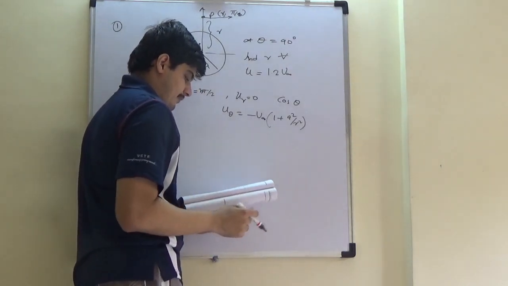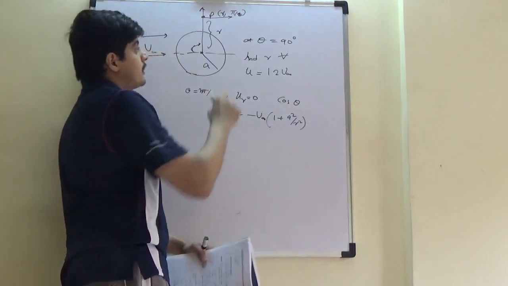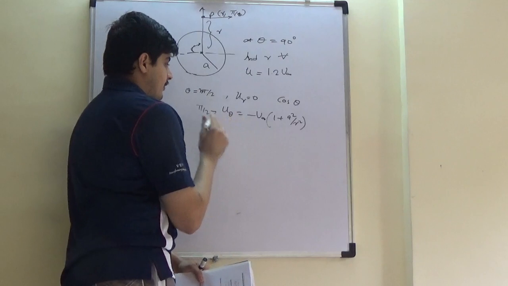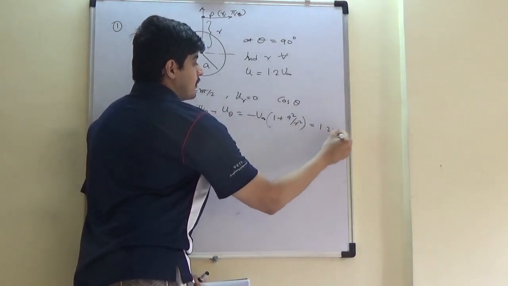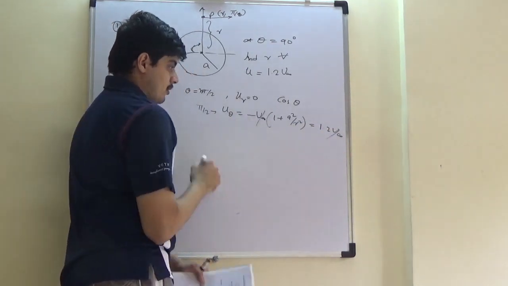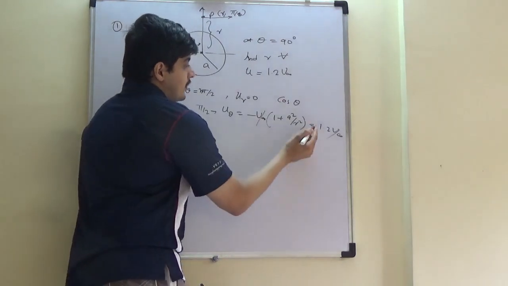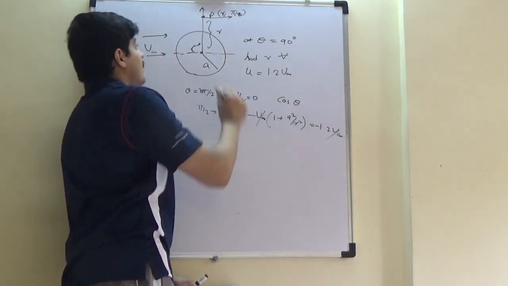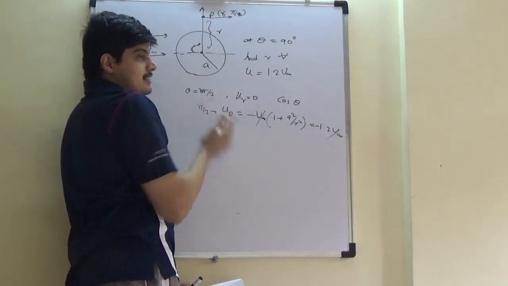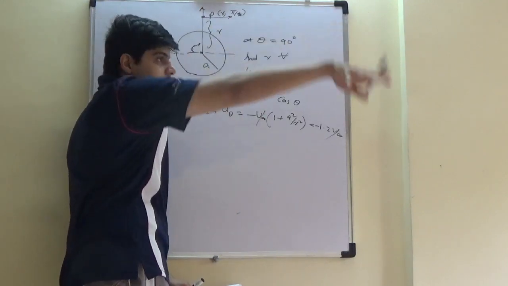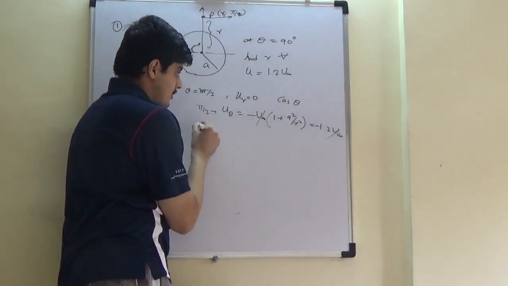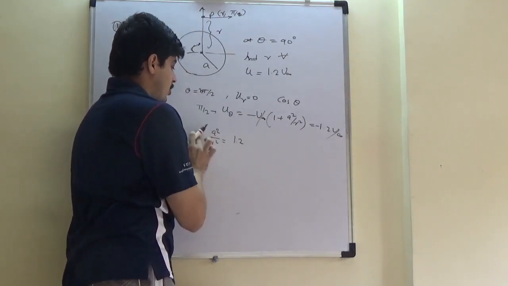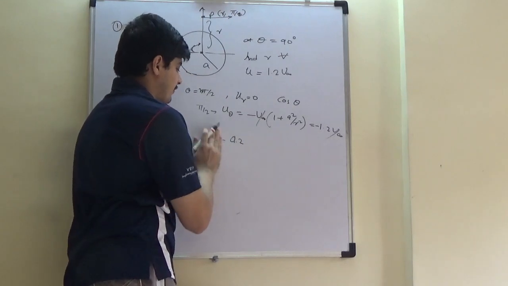It has a sin theta component, but theta is pi by 2, so at pi by 2 this is the velocity and this is 1.2 u infinity, right? The negative sign signifies that it is in the direction of x, because x and r are positive. So 1 plus a square upon r square is 1.2, or a square upon r square is 0.2.